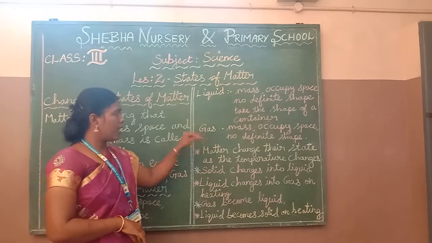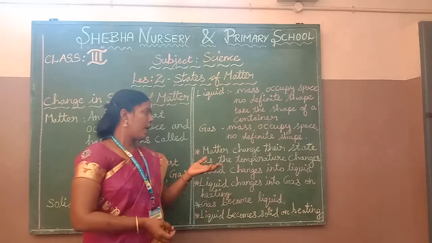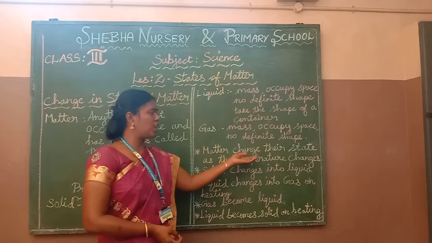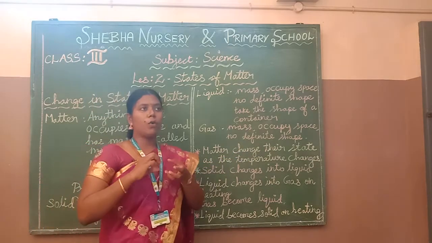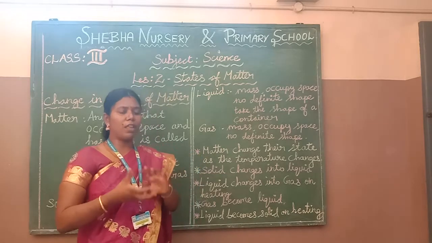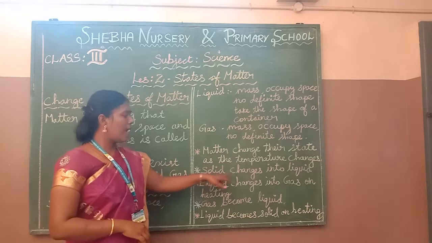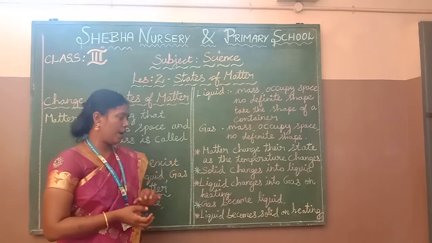Let's learn how to change the states of matter. Matter changes its state as the temperature changes. Through heating, cooling and freezing, you can change the state of matter. Solid changes into liquid.